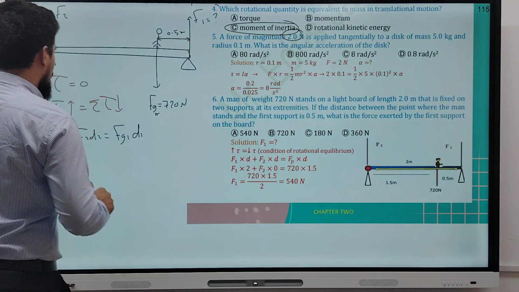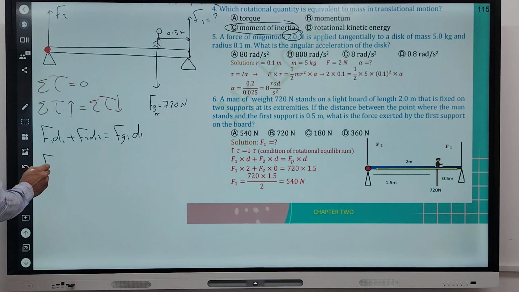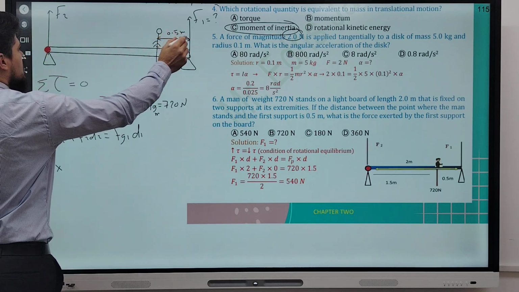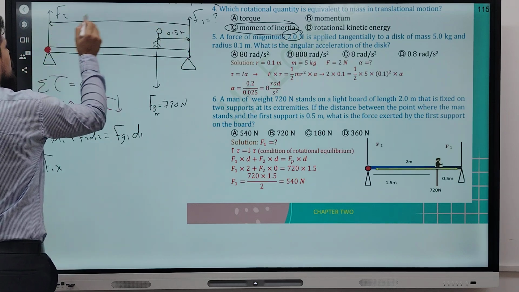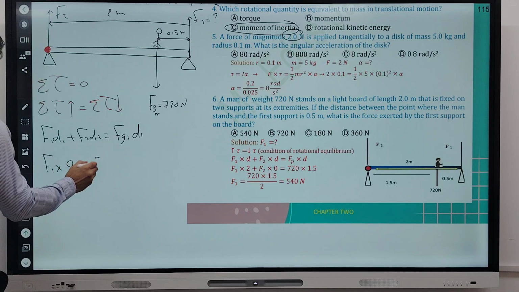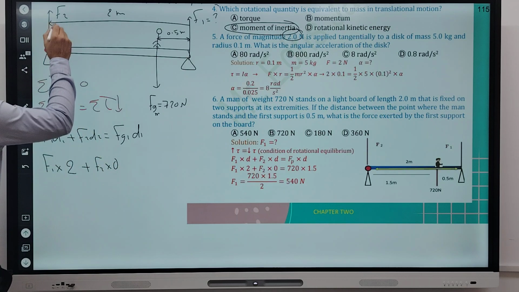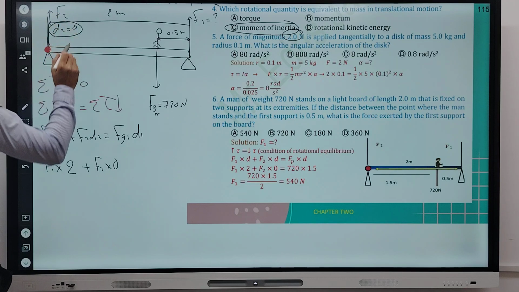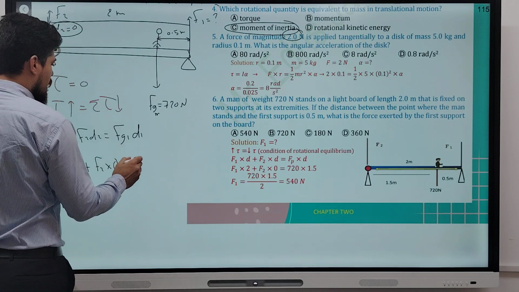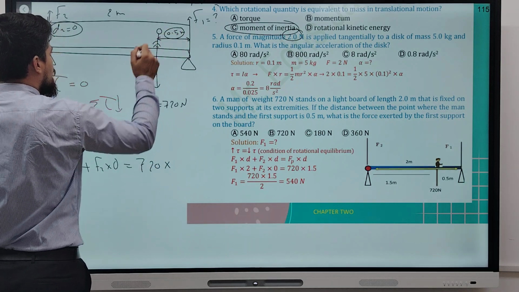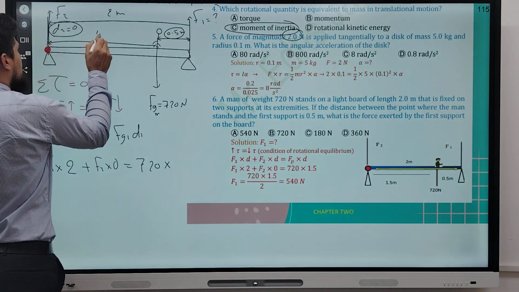Now F1 is unknown. D1 from the axis of rotation, this distance is 2 meters, times 2, plus F2 times 0. F2 is located on the axis of rotation, so its distance from the axis of rotation is 0. Fg 720 times, if here we have 0.5 meter, what do we have here? 1.5.